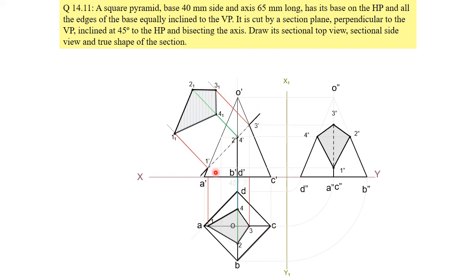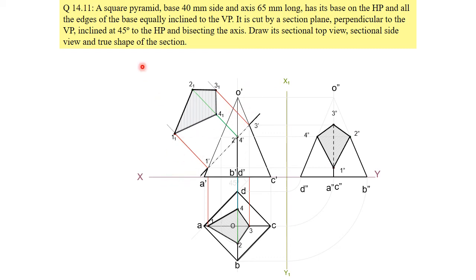From here draw one perpendicular, and mark the distance equal to 1 dash to 1. Join all these marked points. This is the sectional true shape of the section.